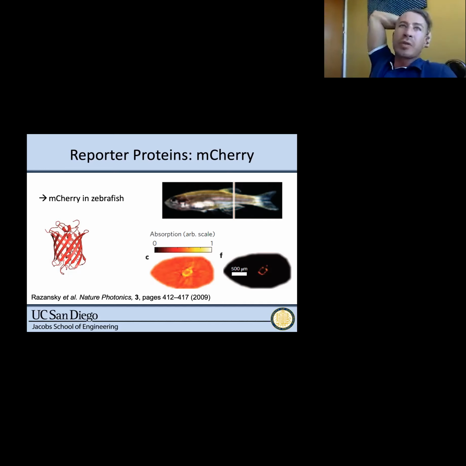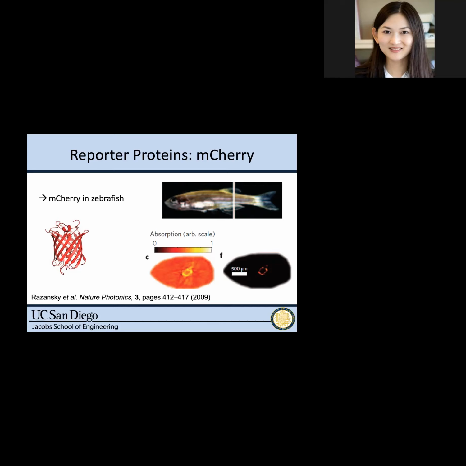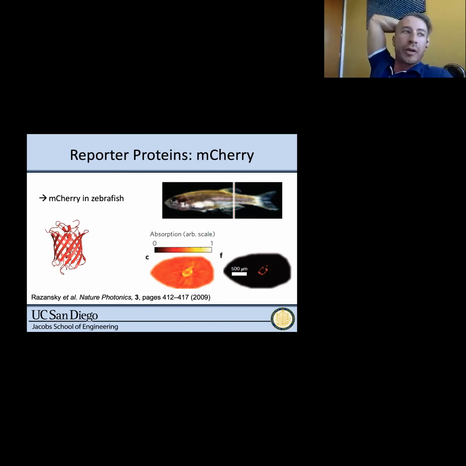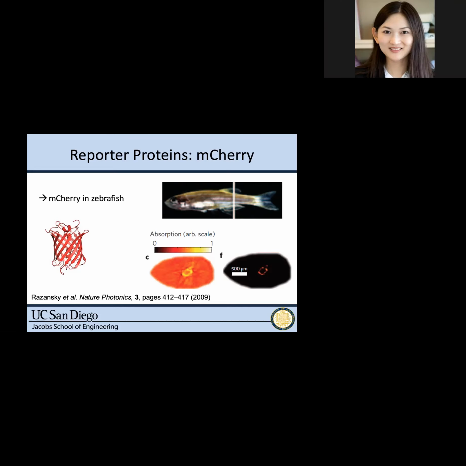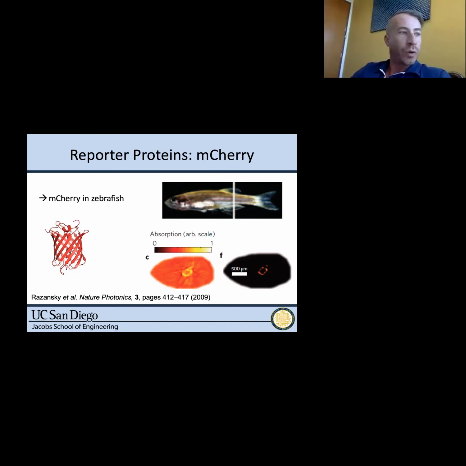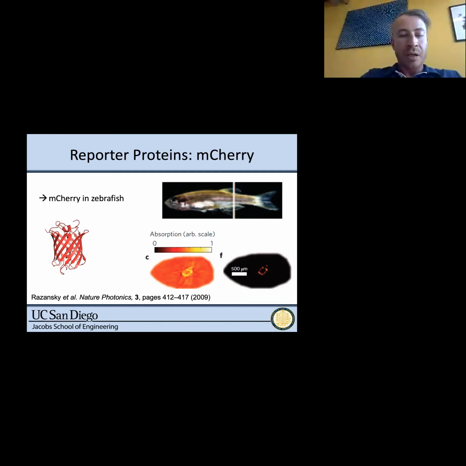They always wanted them to have a high quantum yield, and at least in the beginning, they were arbitrarily changing the amino acids and sometimes would have a hit. But for photoacoustic, we want low quantum yield. Low quantum yield, yeah. I actually don't use reporter genes hardly at all in my group. We tend to use chemical contrast media.